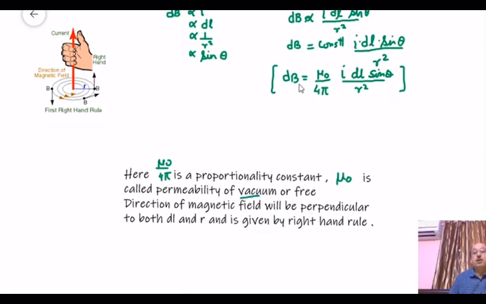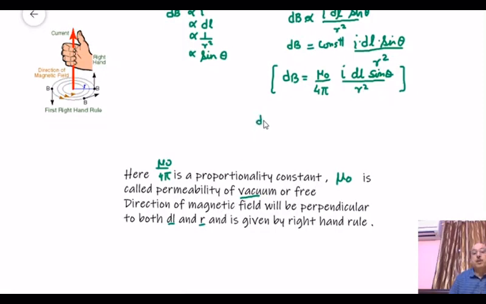The direction of dB is perpendicular to both the element dl and the line of joining vector r.